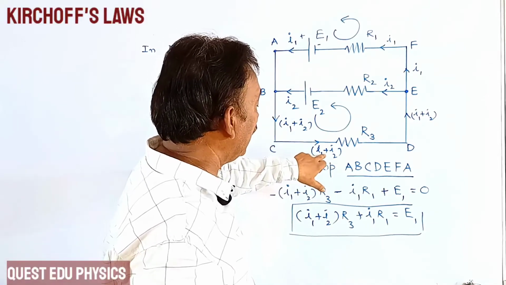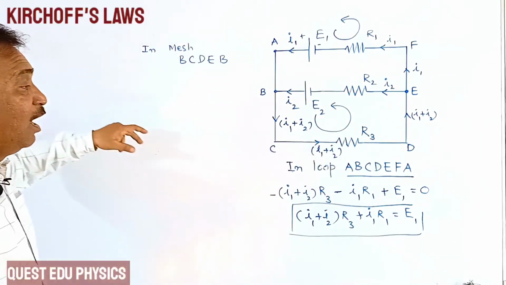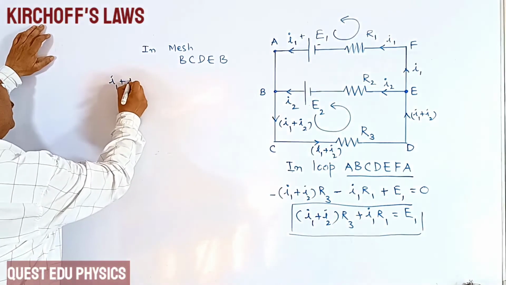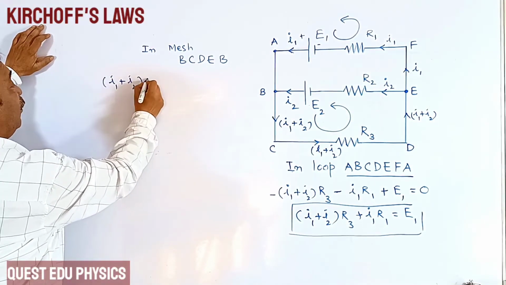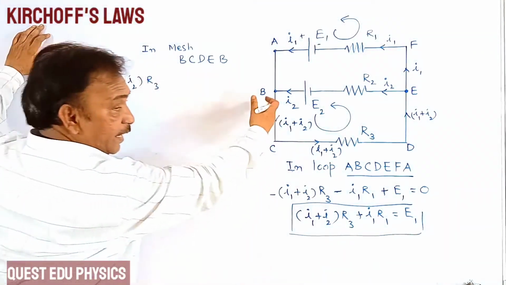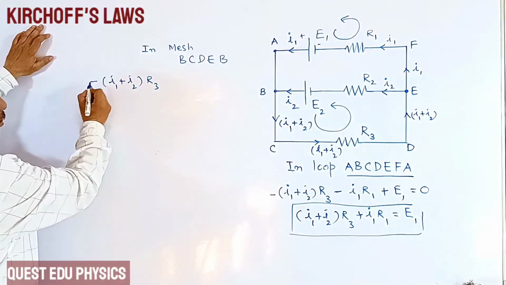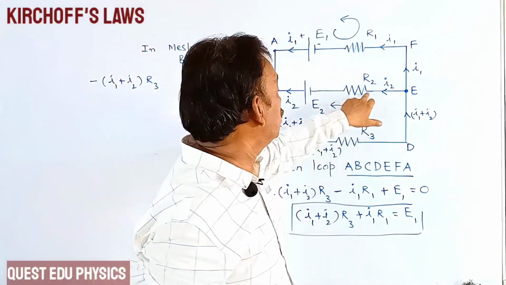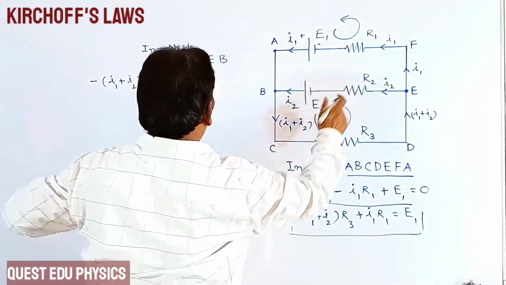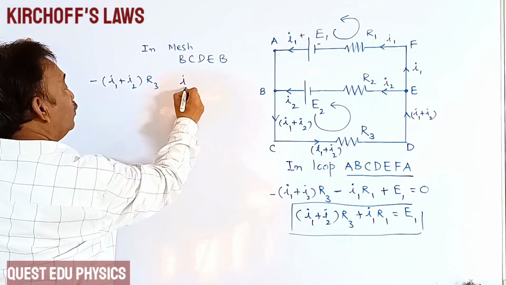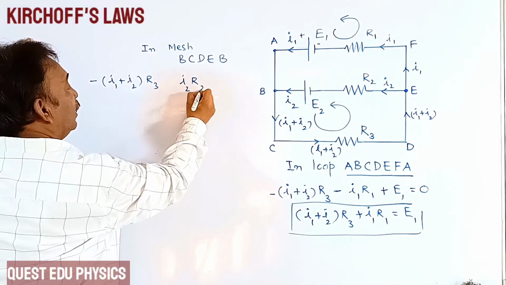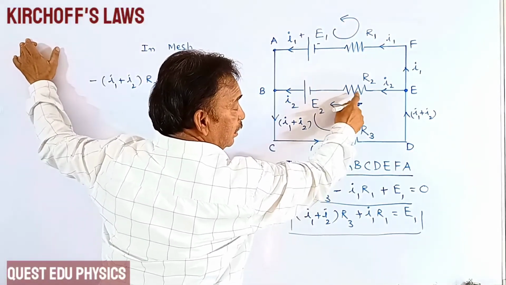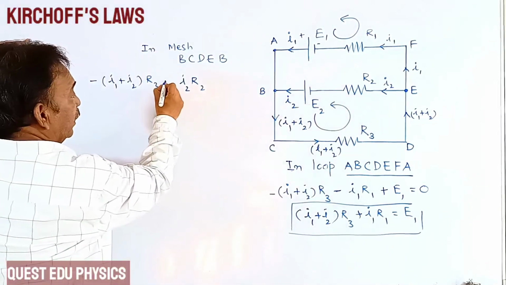That means the current is I1 plus I2 multiplied with R3, with the negative sign as we travel across in the direction of the current. And here also, I2 multiplied with R2. We travel in the same direction as the current and cross this, so the potential drop is minus I2 R2.